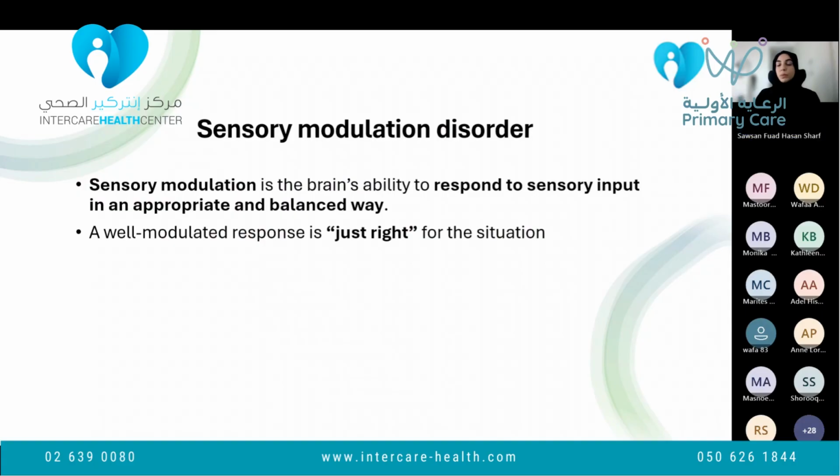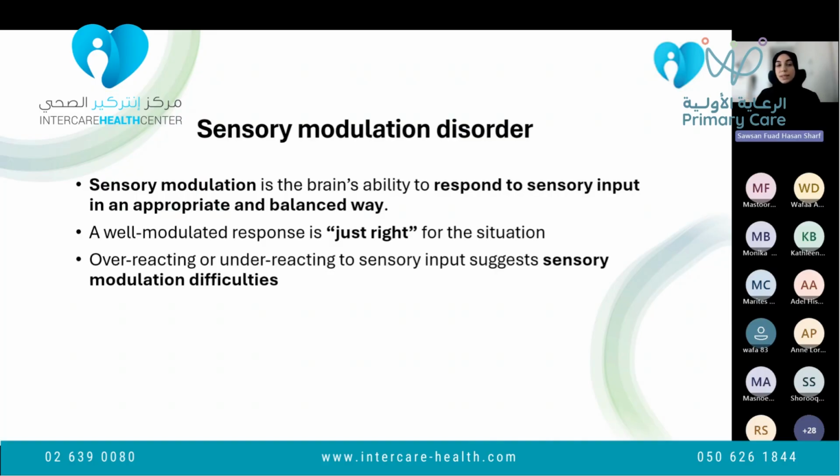We receive the information, process it, and respond just right to this information. But what if we overreact or underreact to this sensory input? That means we have sensory modulation difficulties.